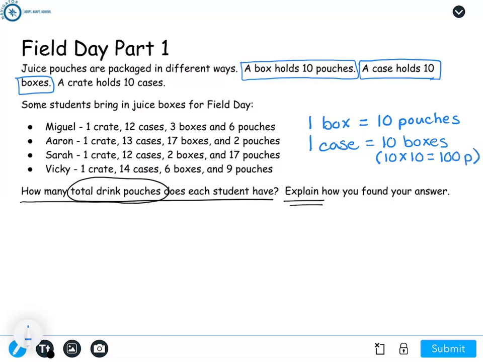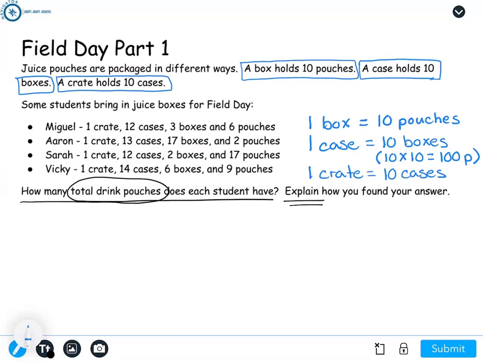Great work. The problem also tells us that a crate holds 10 cases. So 1 crate is equal to 10 cases.